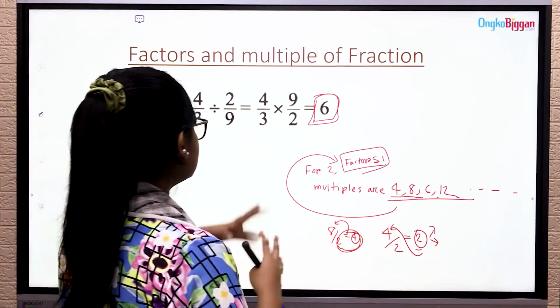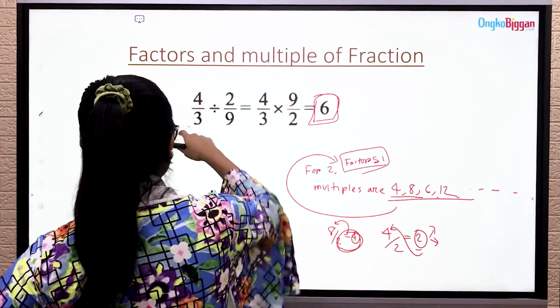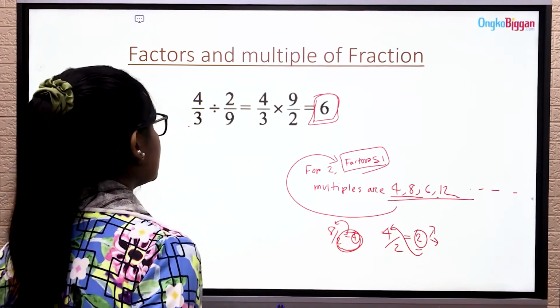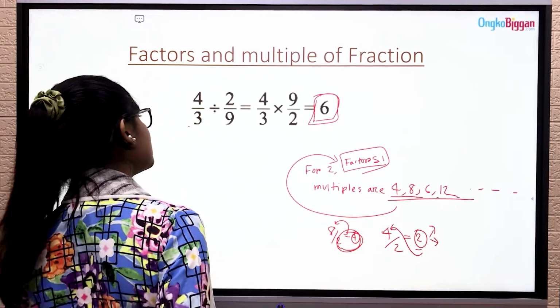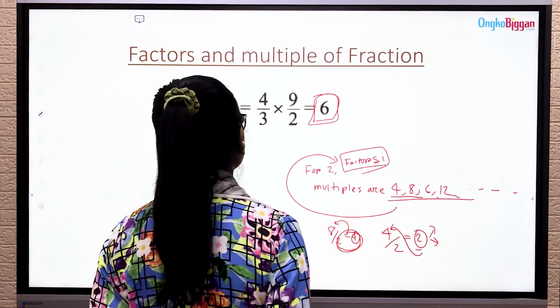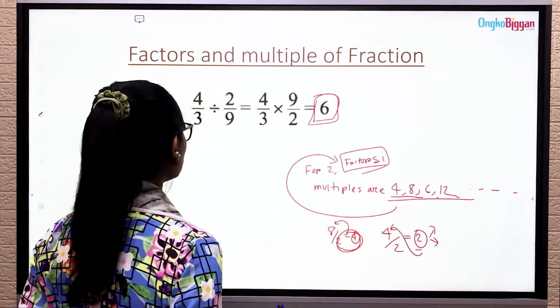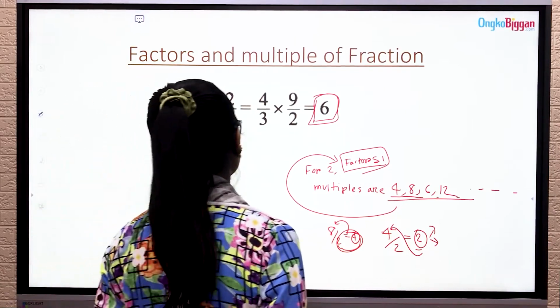So in this case also, if we divide 4 by 3 by 2 by 9, we are getting a whole number 6. That means we can say that 2 by 9 is a factor of 4 by 3.